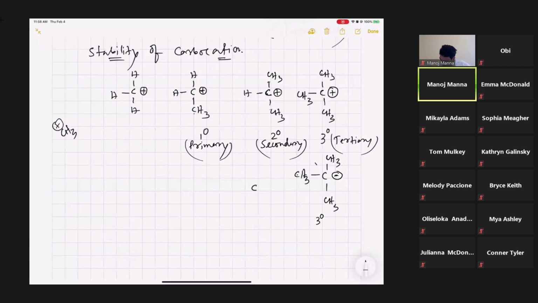So here, if it is a carbanion, you will have CH3, hydrogen, and a negative charge. So this is a 2 degree carbanion. And if you have a carbon, hydrogen, hydrogen, CH3, this will be your 1 degree carbanion.